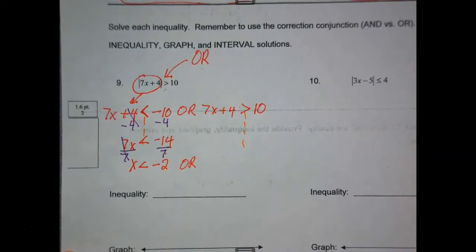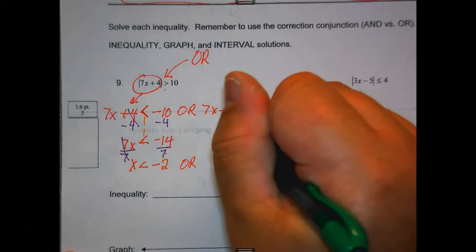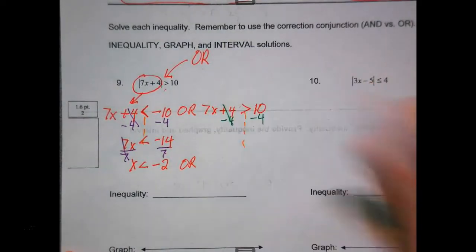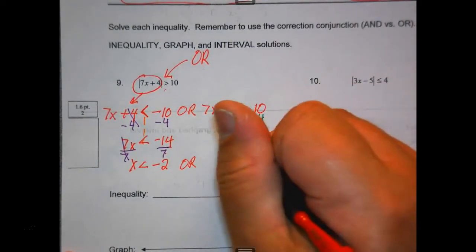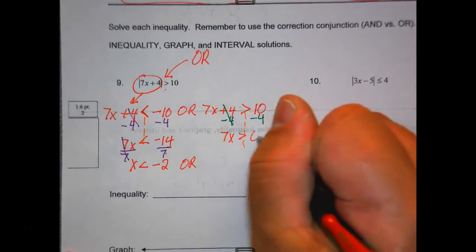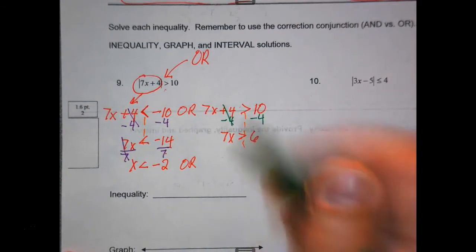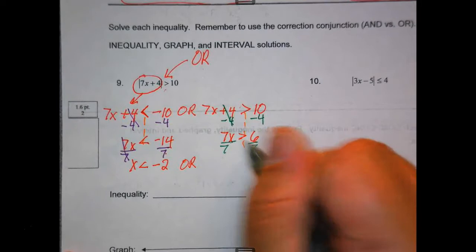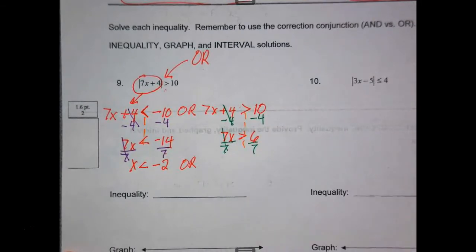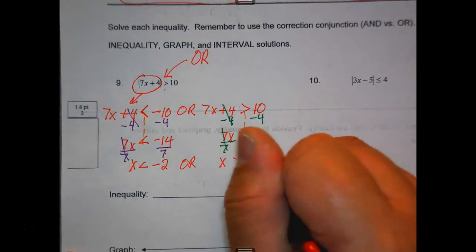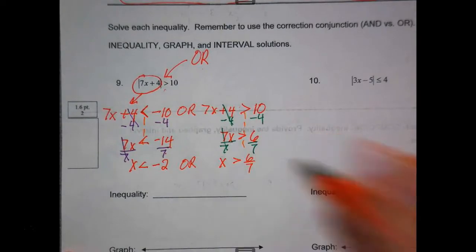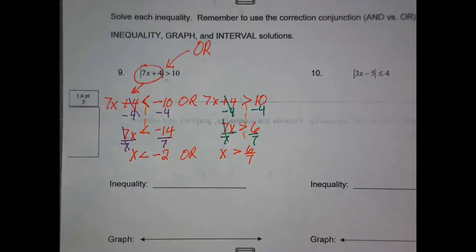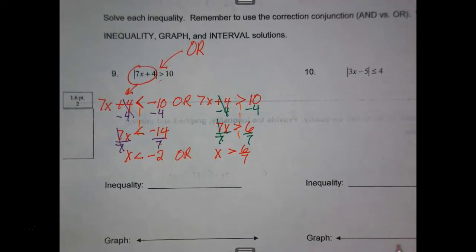Or subtract 4. 7x is greater than 6. Divide by 7, so x is greater than 6/7.